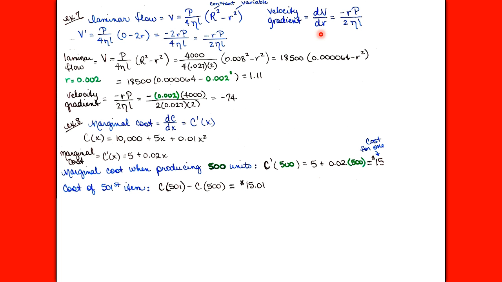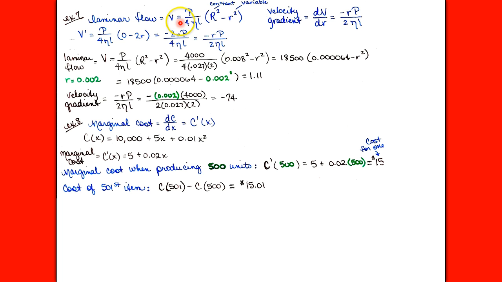So like on the AP exam, they wouldn't go through all of that detailed discussion, but they might give you just a real quick little synopsis of what you're working with. They would give you the equation for laminar flow, and they would ask you to find the rate of change of the velocity with respect to the lowercase r radius. And that would be our velocity gradient. So we should be able to apply calculus to that formula. Now, a couple of things that they've told me.